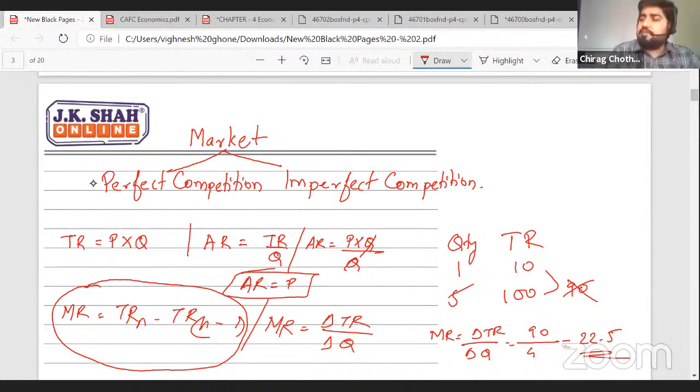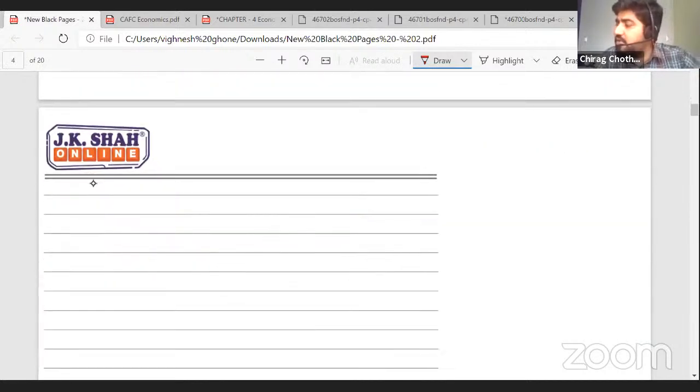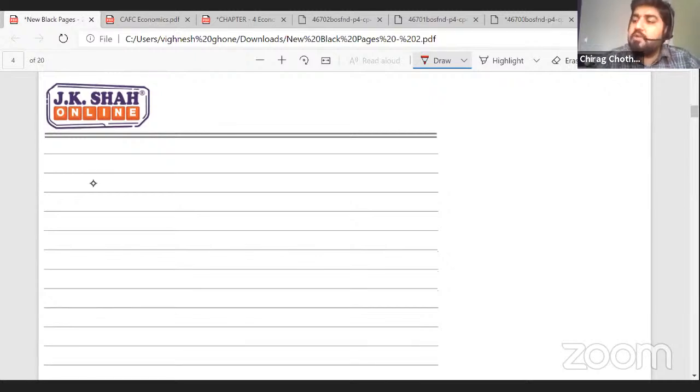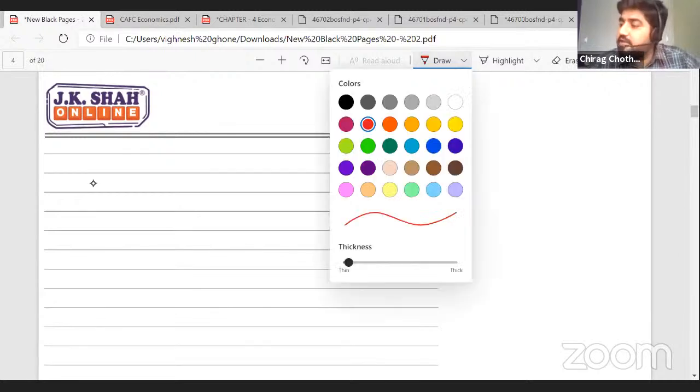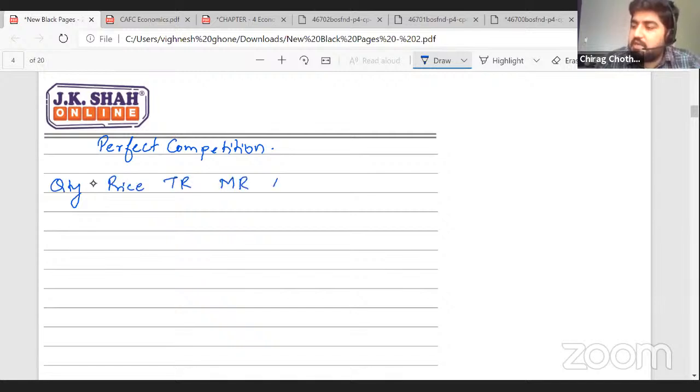Now let's go ahead. In perfect competition, how would this MR, AR, and TR work? How would it operate? That we are going to understand now. So first of all, let me give the heading here: perfect competition. Okay. So first is quantity, then price, then we are going to calculate TR, MR, and AR.